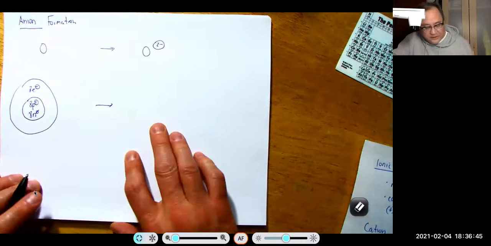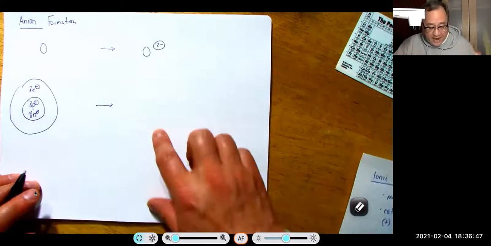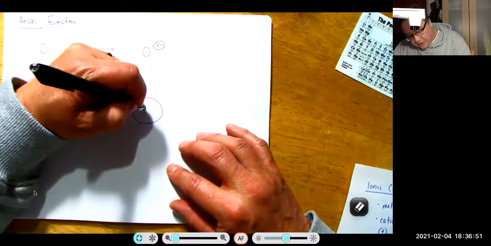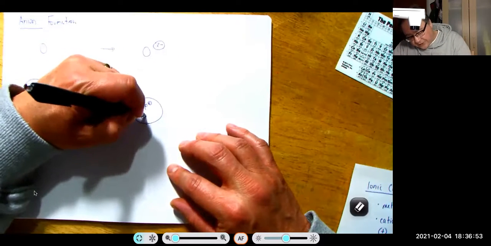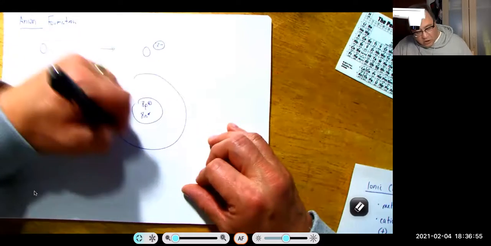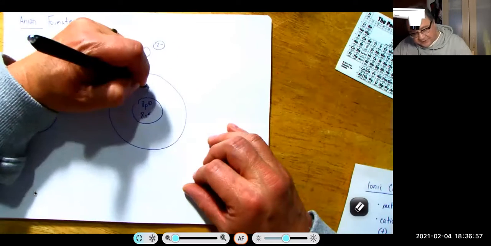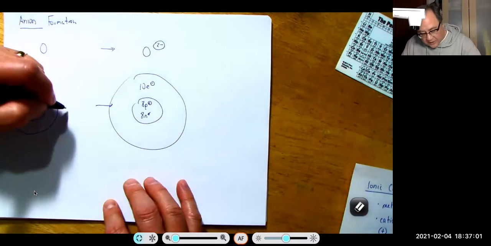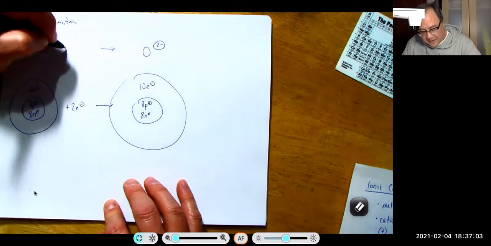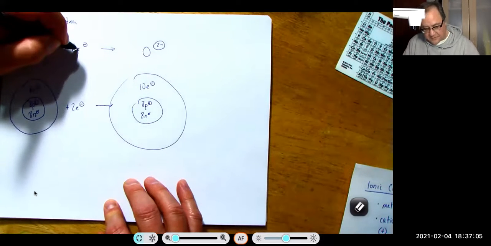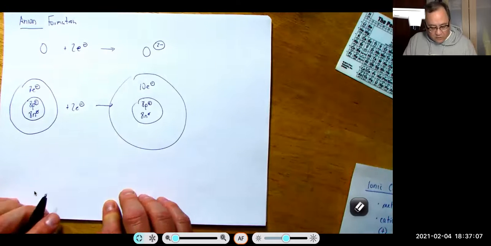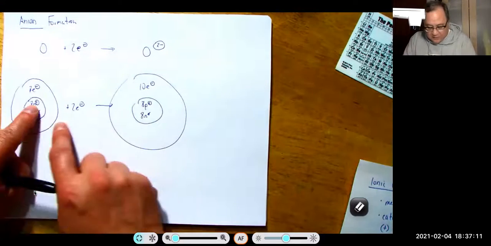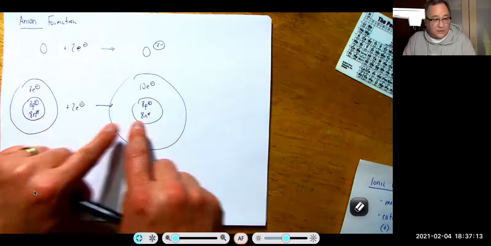Over here, because there's a -2 charge, we have to add 2 electrons. So 8 protons, 8 neutrons, and we draw it larger, it's got 10 electrons. And here you can see that we have to add 2 electrons to this side to make it work. So overall, we have 10 electrons, 10 electrons, 8 protons, 8 protons, 8 neutrons, 8 neutrons.